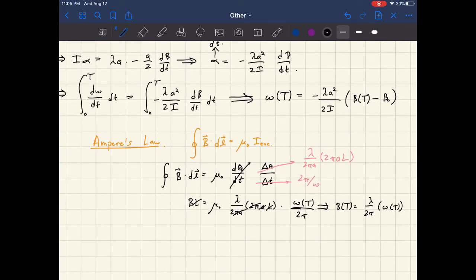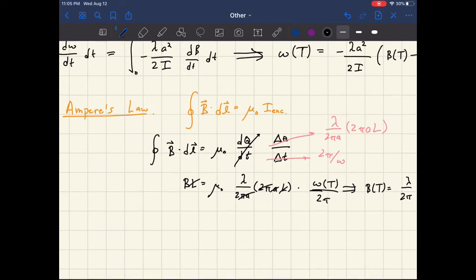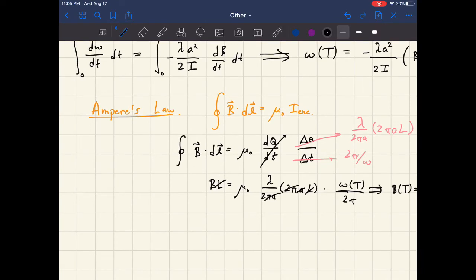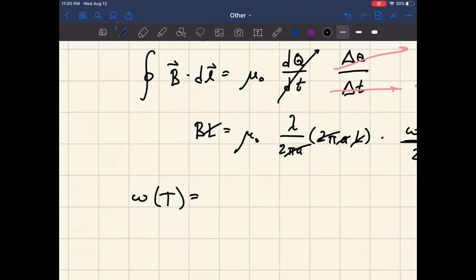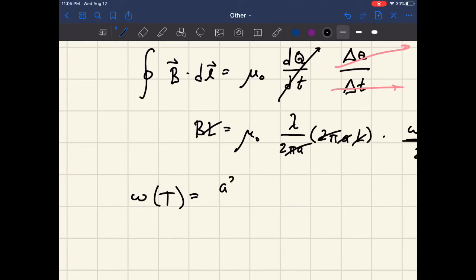So what you get is your final answer for omega of t, and you can just do the algebra out. Omega of t is equal to a squared lambda over 2I.